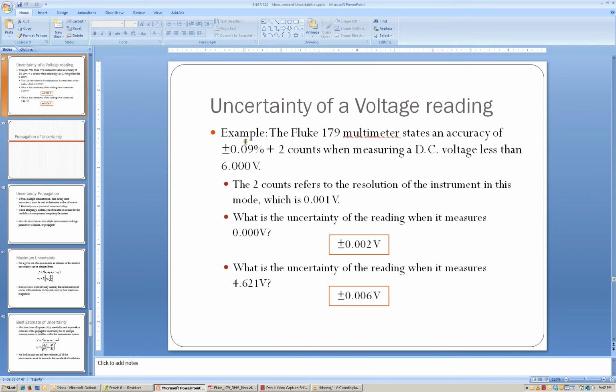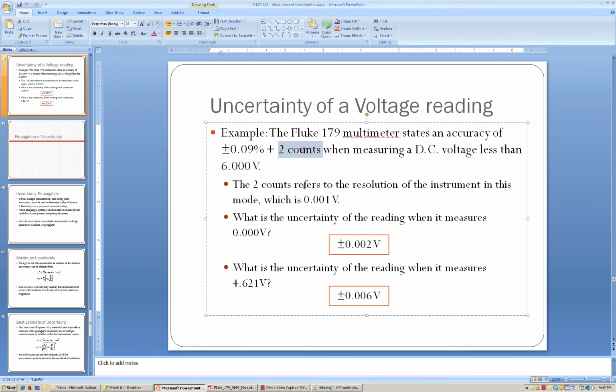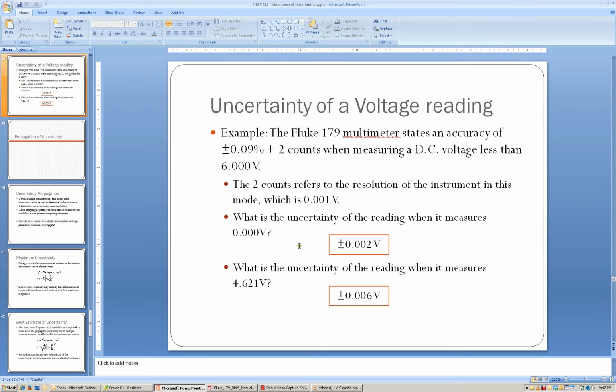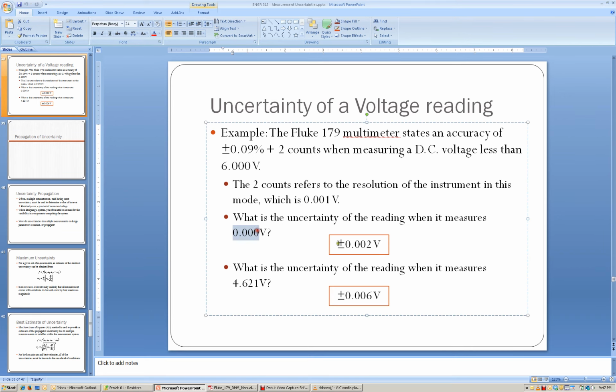So that component of the uncertainty is 0, and then we have to add in the 2 counts of uncertainty, which correspond to our resolution. The 2 counts of the uncertainty, which correspond to the resolution, will give us 2 millivolts. Therefore, the uncertainty in the reading when it measures exactly 0 volts is 0 volts plus or minus 0.002, or plus or minus 2 millivolts.